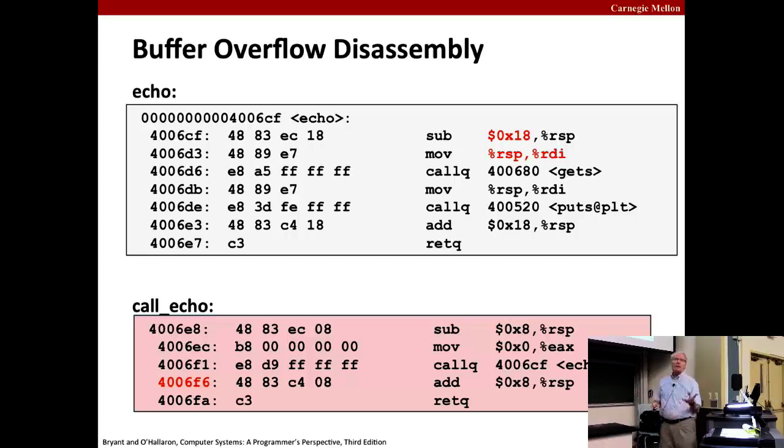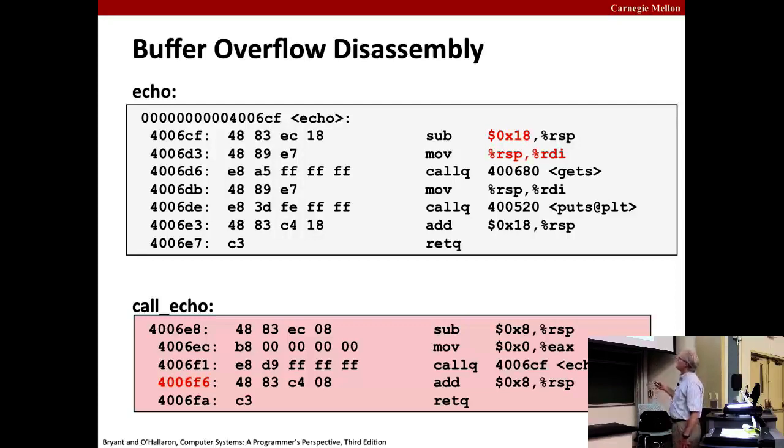So getS is being called with a pointer to a buffer of maximum size 24, even though you saw the original declaration was just for 4. And then it calls getS, and then getS does its thing.